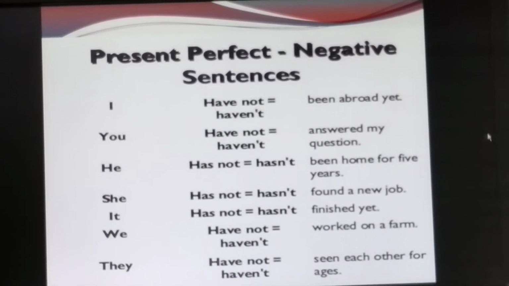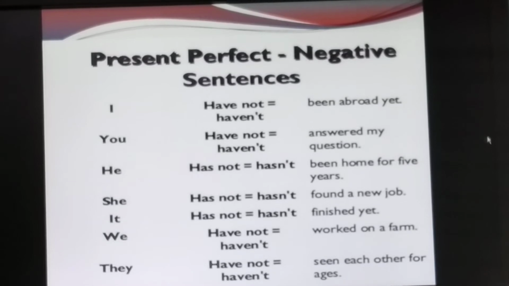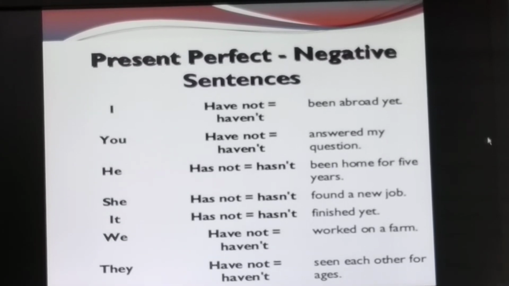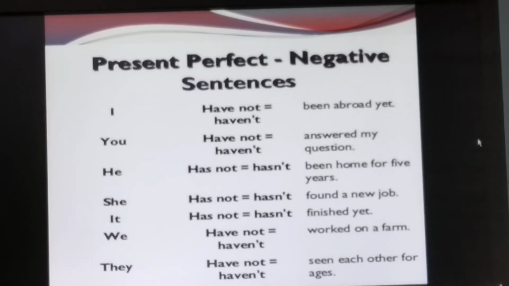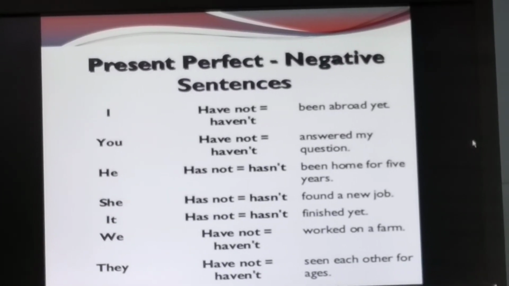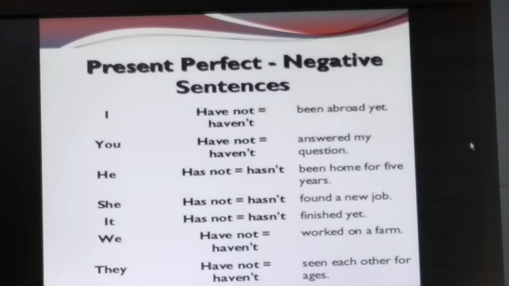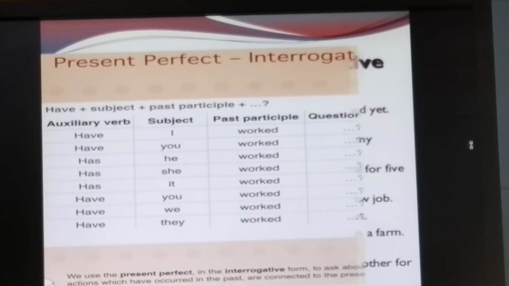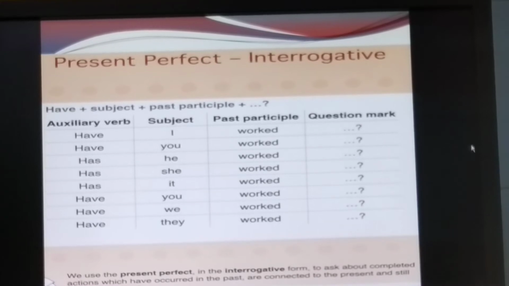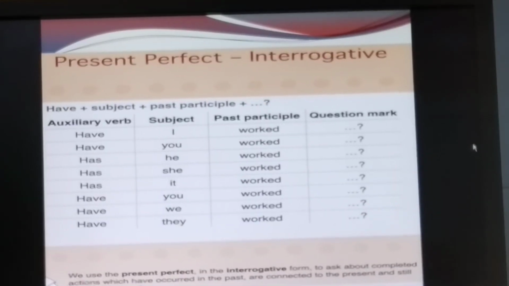In all these cases, what have we done? At first, we have used the subject, then we have used have not or has not, and then we have used the past participle form of the verb. Okay, my dear students, now we will learn the present perfect in an interrogative form.